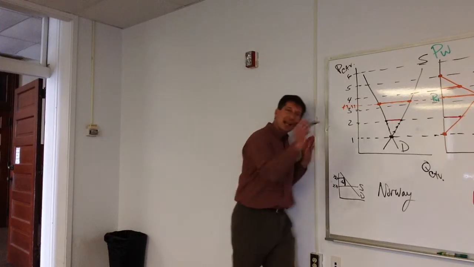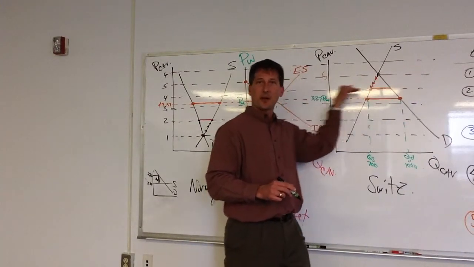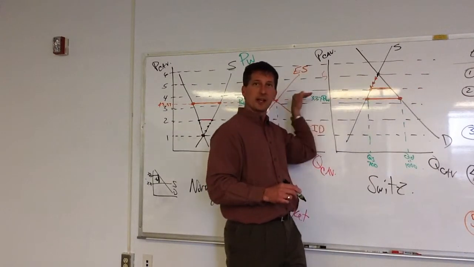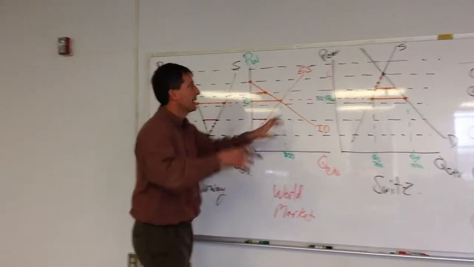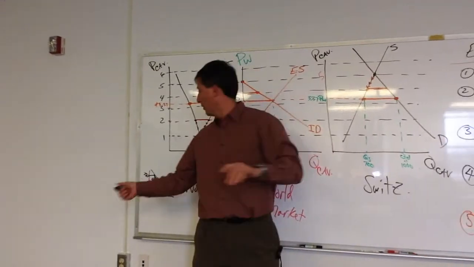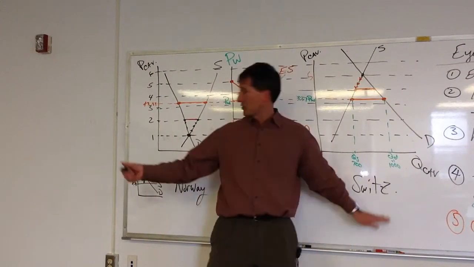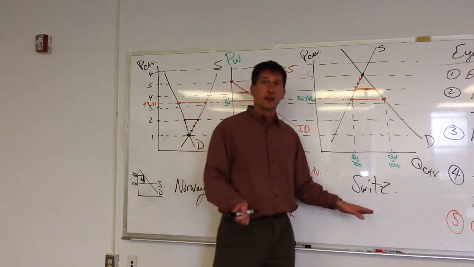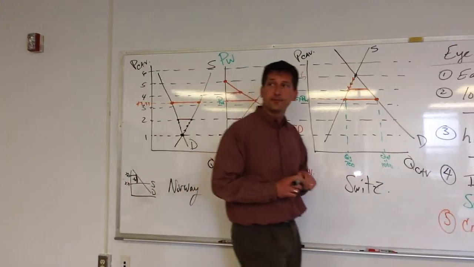That's what's going on here, because this is the horizontal part. The world price is like a perfectly elastic supply curve. So they're just adding it on to the price, and that full 50 cents is getting passed along to the Switzerland consumers. The Switzerland consumers over here are paying the full freight. Okay, anything else?